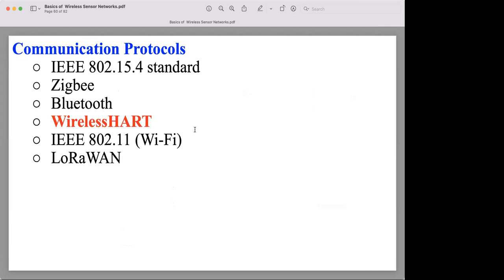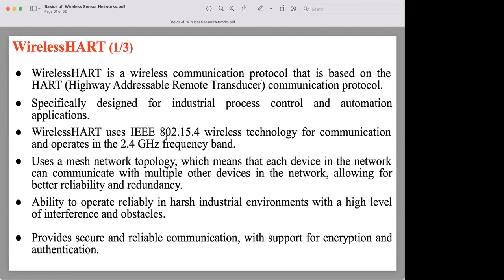Wireless HART is another protocol, which is also based on 802.15.4. The beauty of this one is that it is very lightweight and reliable, and the protocol is secure because they use encryption and other things. So it is a wireless communication protocol based on highway addressable remote transducer communication protocol.